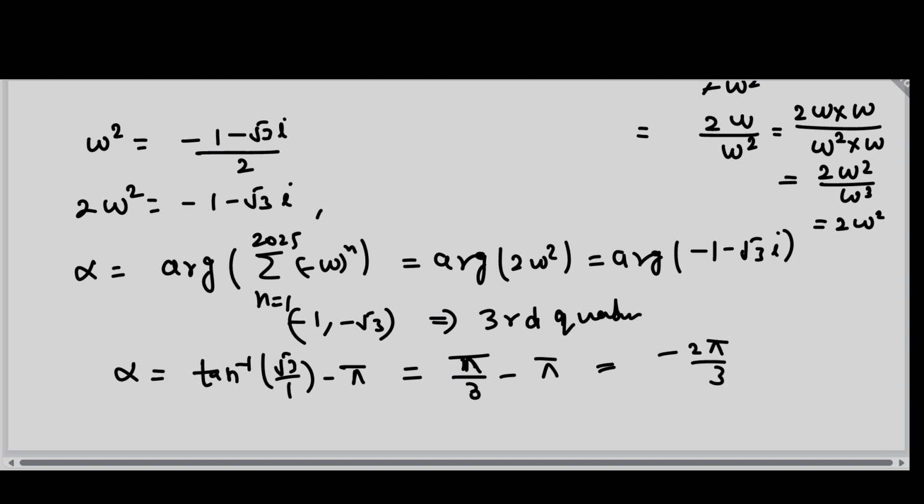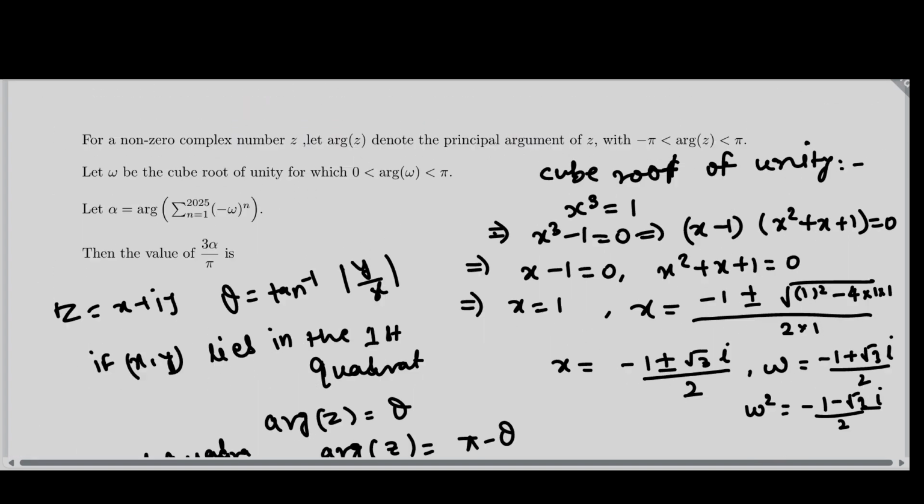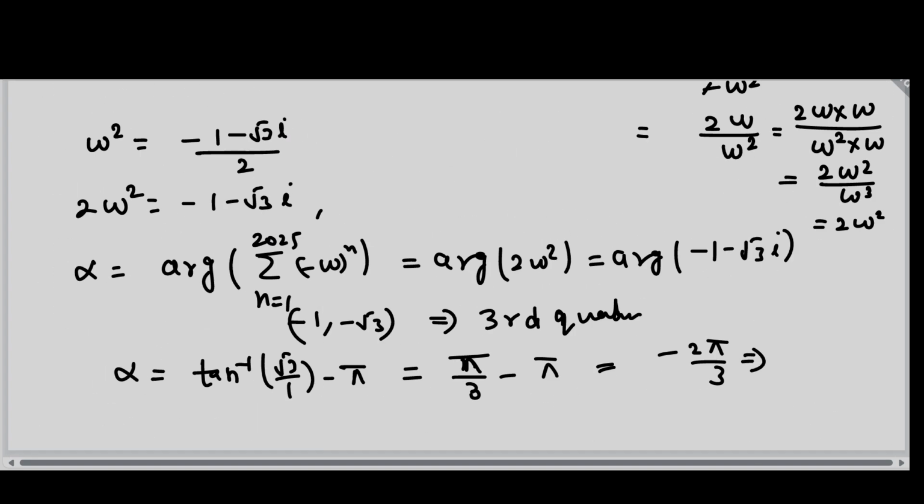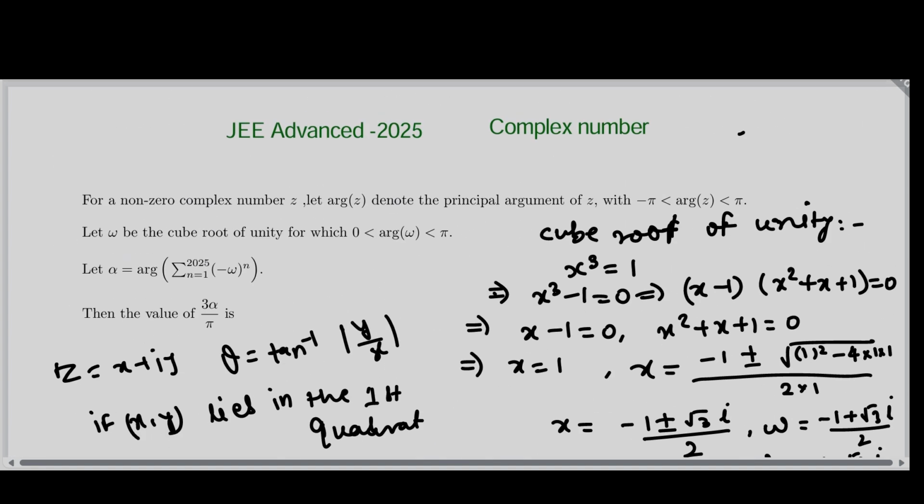Thus we have obtained alpha equal to minus 2 pi over 3. In the problem we have to find the value of 3 alpha over pi. So 3 alpha over pi is equal to 3 over pi times minus 2 pi over 3. The pi cancels, and the 3 cancels, so this value is equal to minus 2. So our final answer is minus 2.